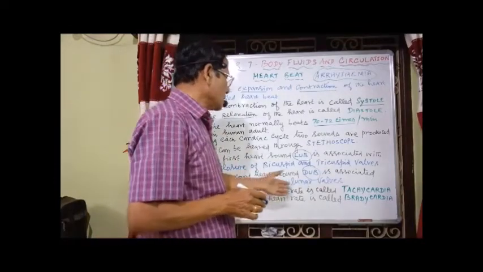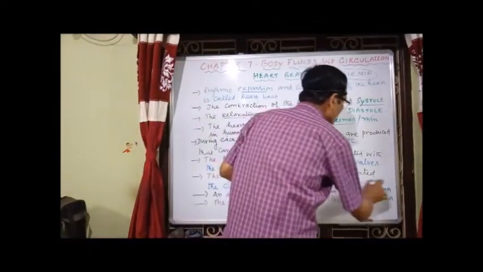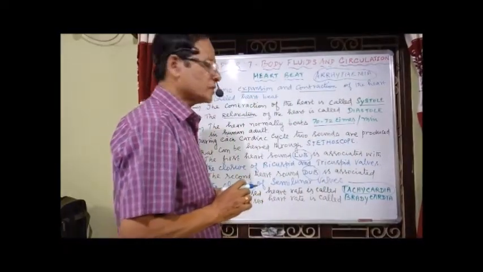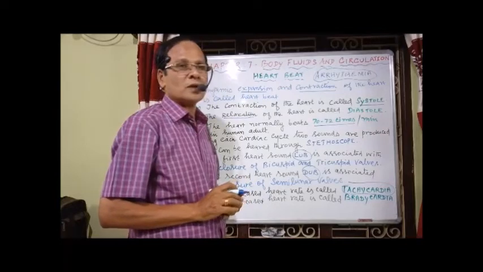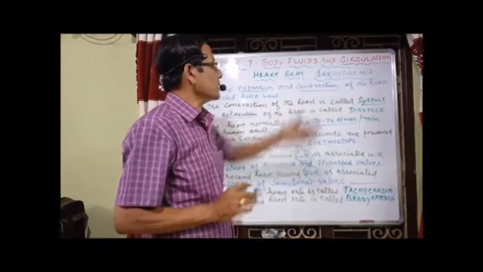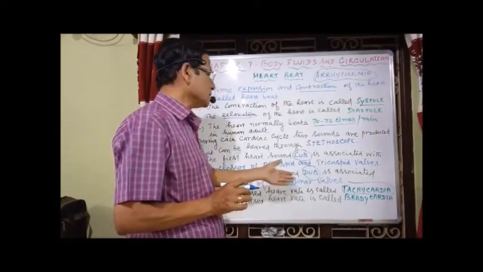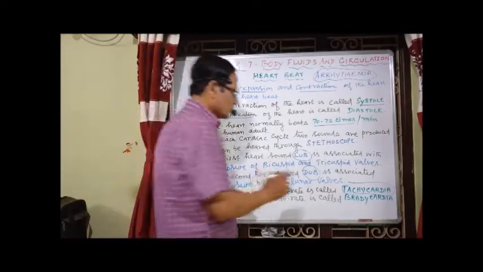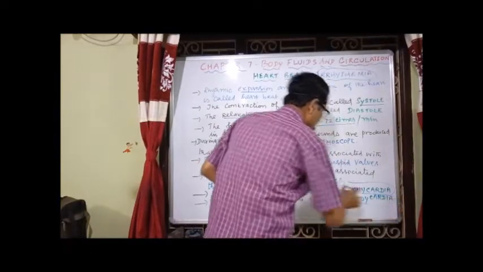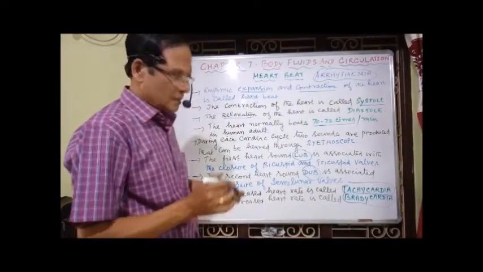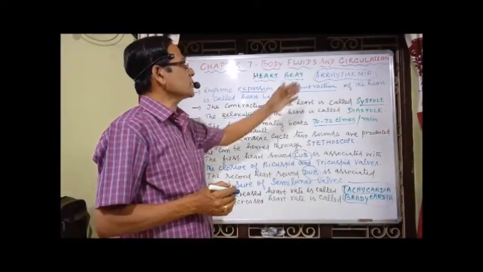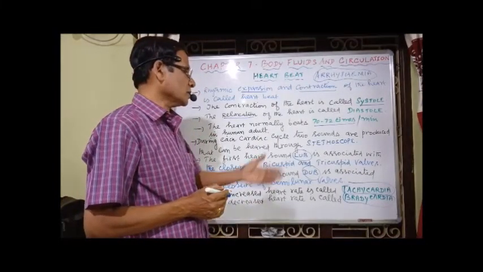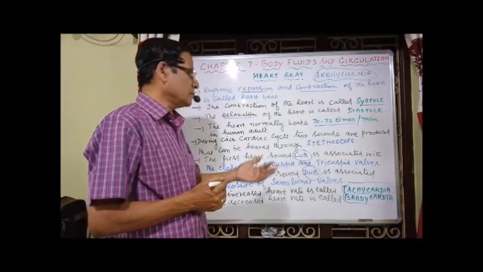An increased heart rate is called tachycardia, and a decreased heart rate is called bradycardia. So tachycardia and bradycardia together make up arrhythmia, irregular heartbeat, with increased or decreased rate. Accordingly, we have the names tachycardia and bradycardia.